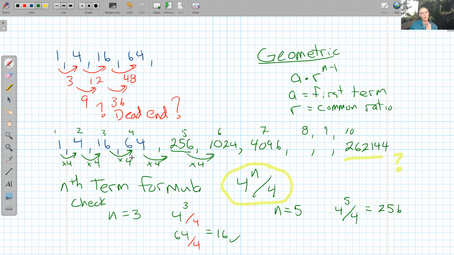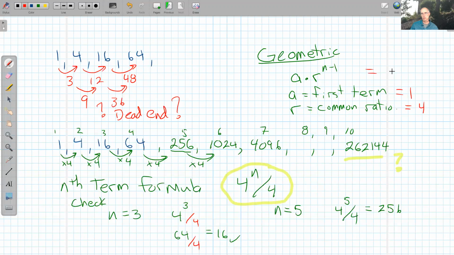For my problem over here, the common ratio was 4, because 4 divided by 1 is 4, 16 divided by 4 is 4, 64 divided by 16 is 4. So my R is equal to 4. My first term is equal to 1.